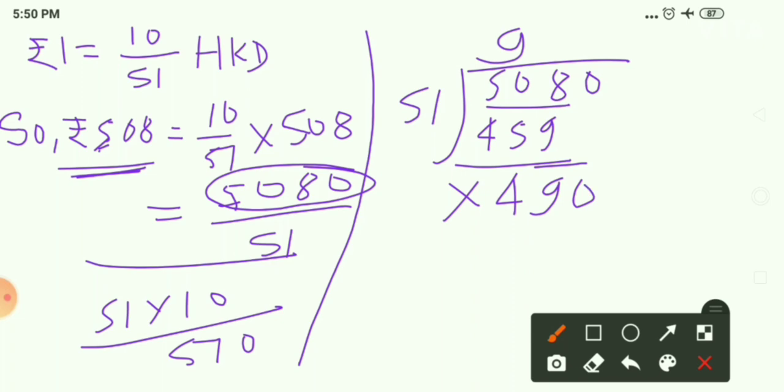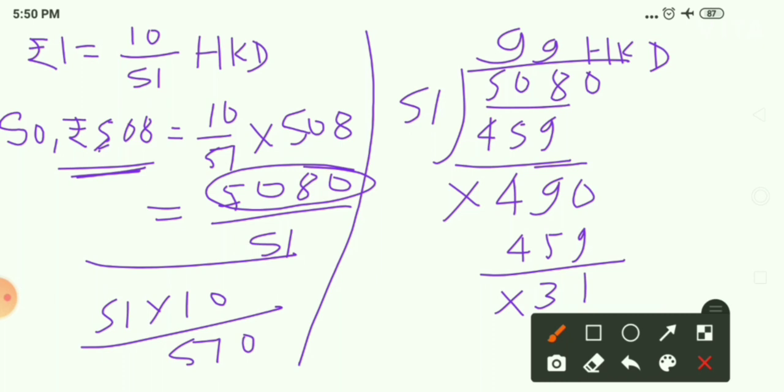So once again 51 nines, 459 we will get. So it is 10 minus 9, it is 1, and here 8 minus 5 is 3, and it is 0. Now you can see that 31 we cannot divide by 51, so 99 will be our Hong Kong dollars.